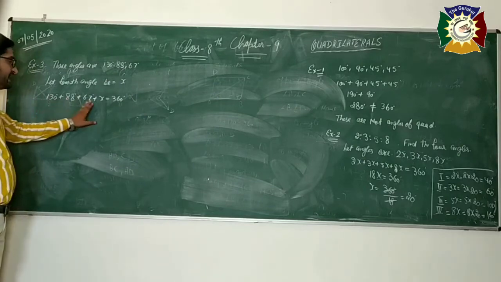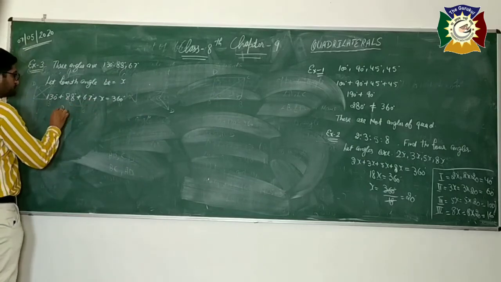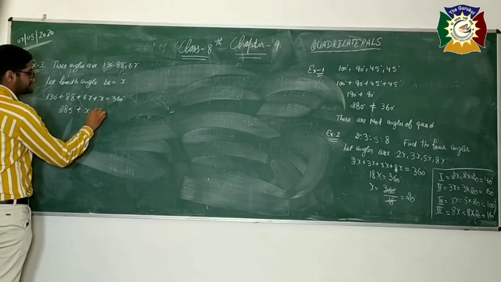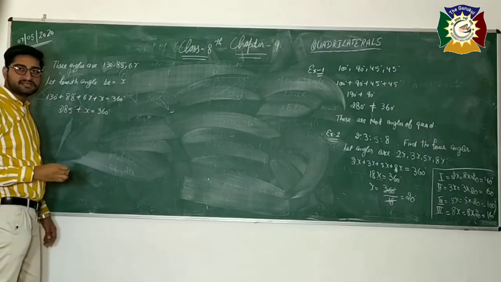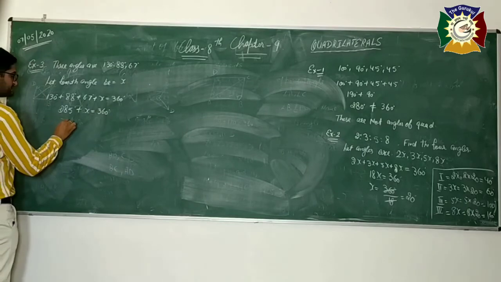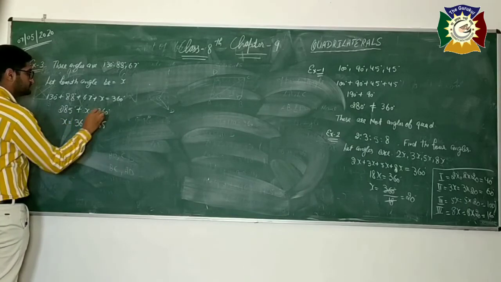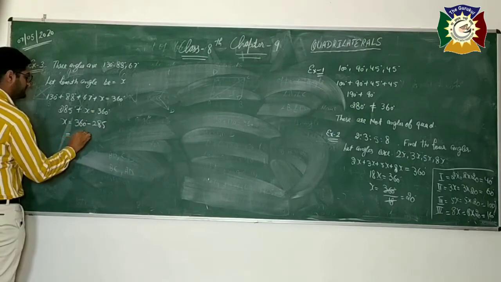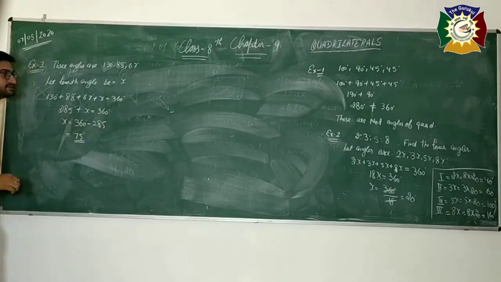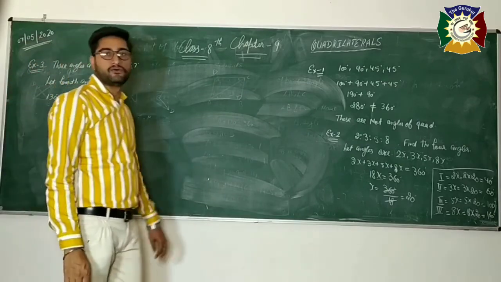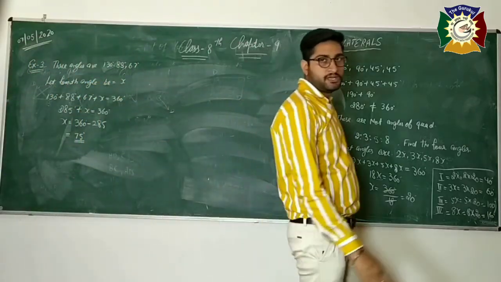The sum of these three angles is equal to 285, so 285 plus x is equal to 360 degree, and the value of x is equal to 360 minus 285, that will be 75 degree. So this will be the value of the fourth angle.